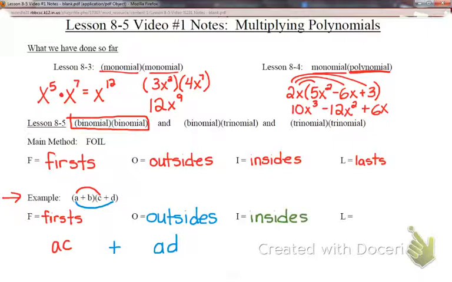So you look at the original problem, the two letters in this case that are on the inside are the B and the C, and you're multiplying them. So what is B times C? Well, it's just BC. Again, it was positive, so I'm going to put a plus sign in front of it. So far my answer is AC plus AD plus BC, and finally I have my lasts.